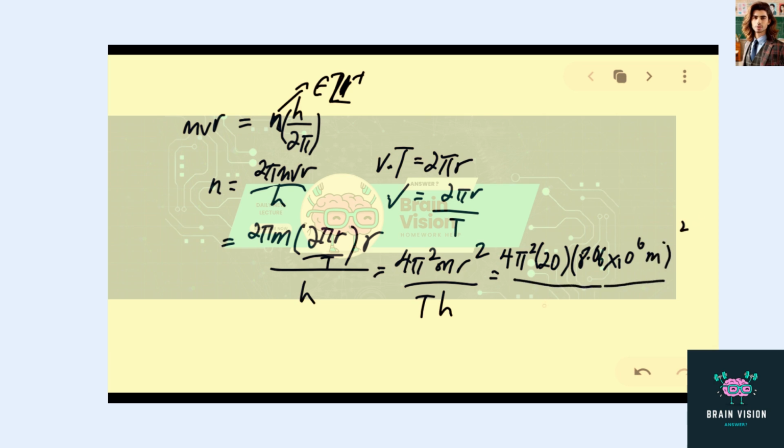The period is given as 2 hours, so we convert that into seconds, and h is Planck's constant. Therefore, we should get the quantum number to be 1.08 times 10 to the power 46.